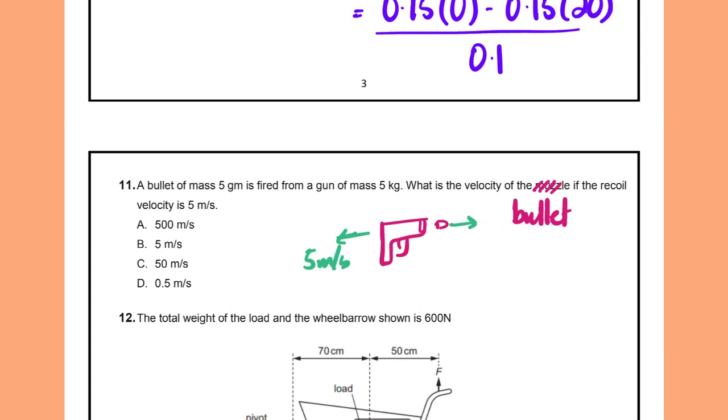Even though it's not really required, if you are somebody who likes to abide by rules, then it's nice to use the sign convention here as well. So let's do what we always do, which is that we take velocities forwards as positive, velocities backwards as negative. So if I'm talking about the bullet here, previously, if everything is at rest, the momentum before the collision is 0.